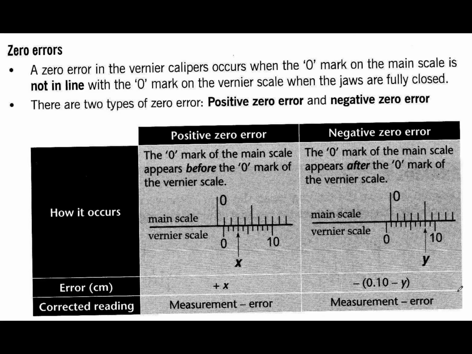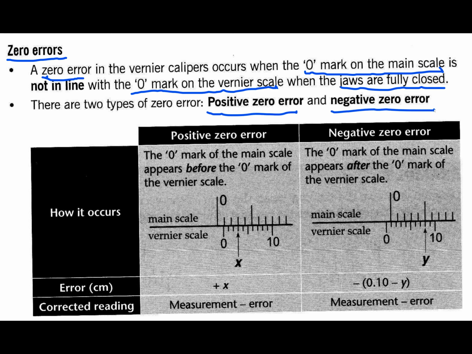Let's now look at zero errors. A zero error is one that occurs when the zero marking of the main scale isn't aligned with the zero marking of the vernier scale when the jaws are fully closed. There are 2 types of zero errors, the positive zero error and the negative zero error.